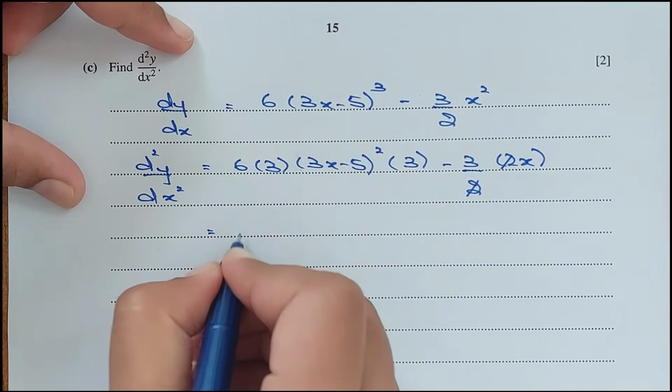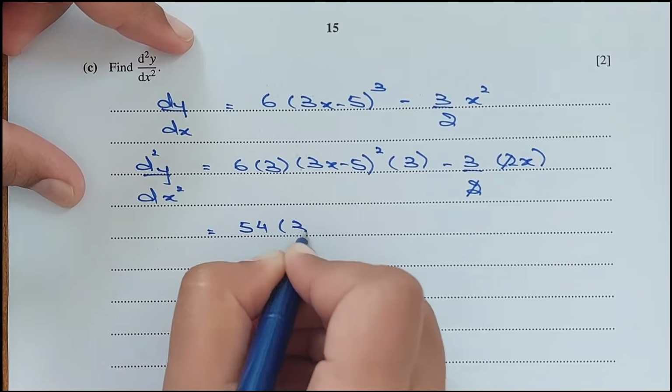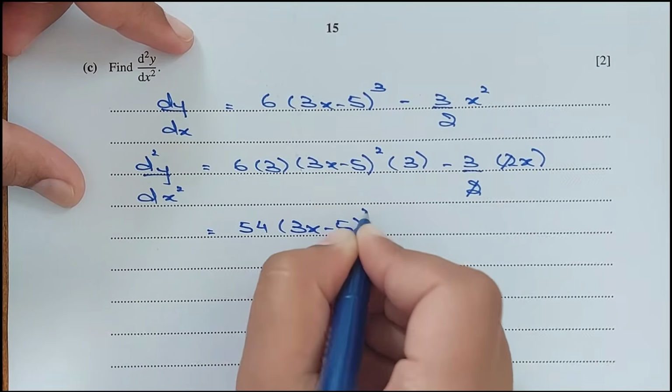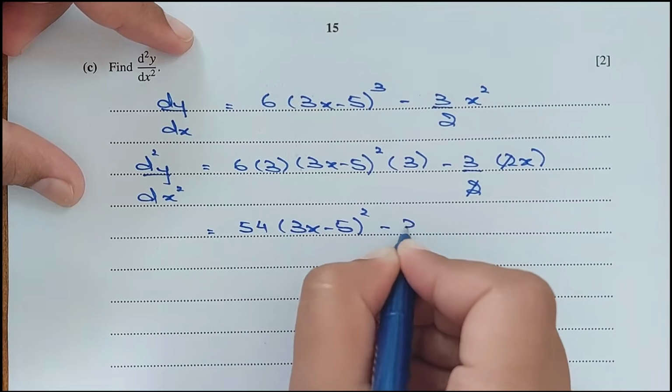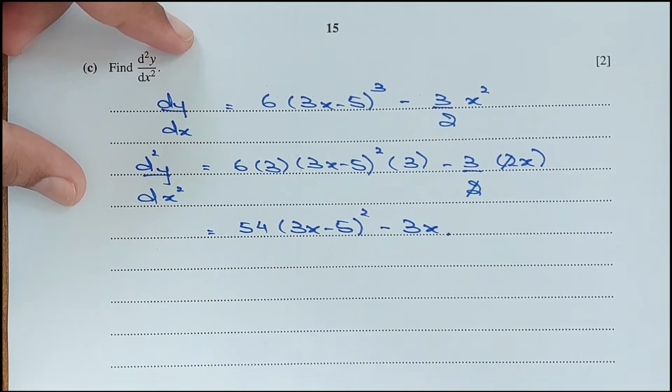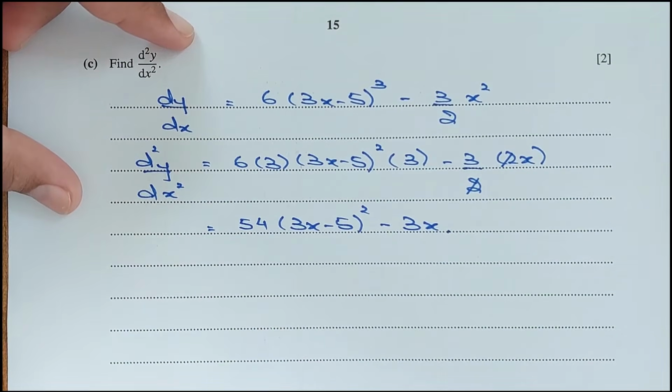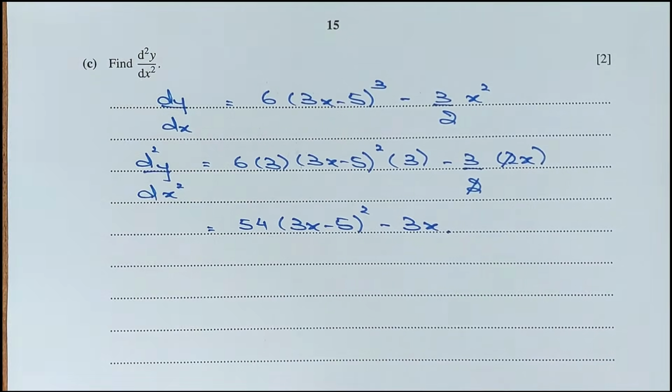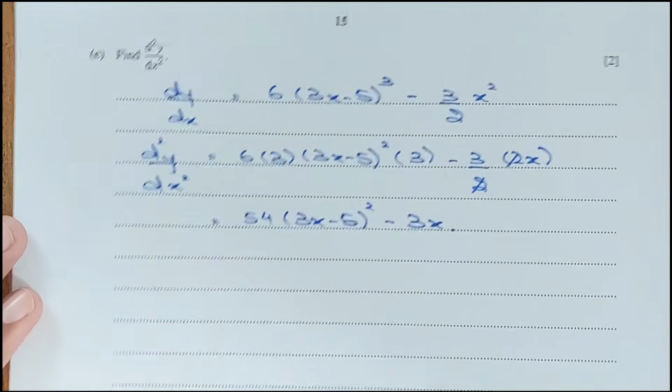So 54 times (3x minus 5) whole square minus 3x, right? Let me open this here as well, or you can keep the second derivative as it is.